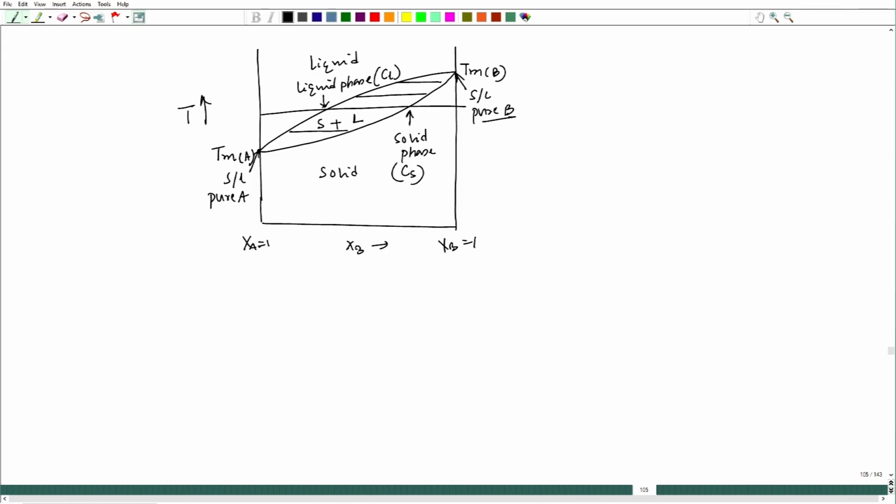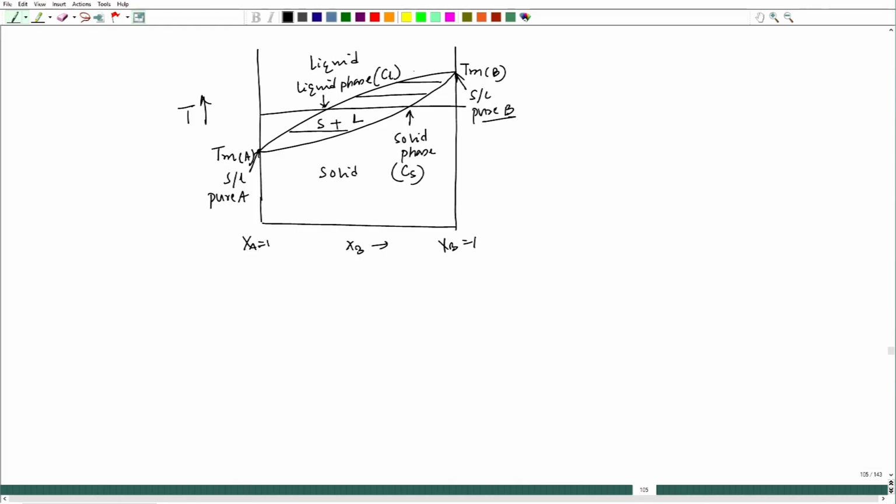That is why in between, solid and liquid phases of two different compositions coexist, in equilibrium as per the free energy composition common tangent rule. Above the top line everything would be liquid solution, and below everything would be solid solution, with no compositional differences.